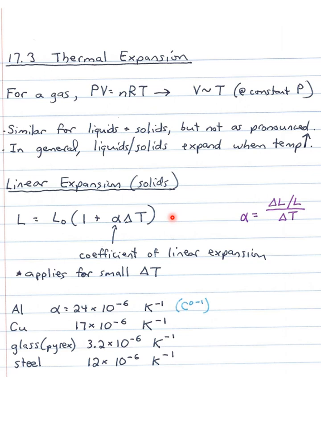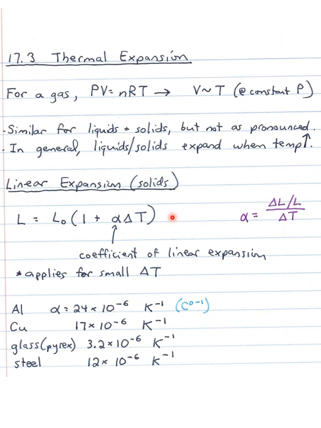So if you decrease the temperature, in mathematically the same way, delta T becomes negative, and now you're dealing with 1 plus a negative number, or 1 minus something. And then you have a linear contraction. So even though we call this the linear expansion equation, it's really linear expansion or contraction, depending on what happens to the temperature.